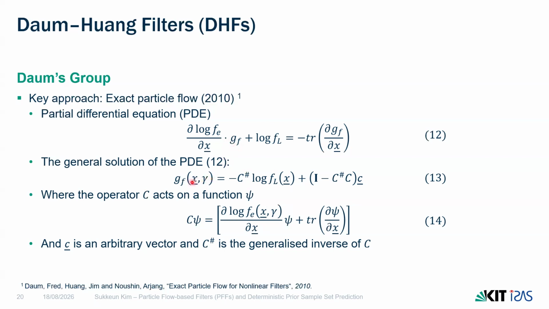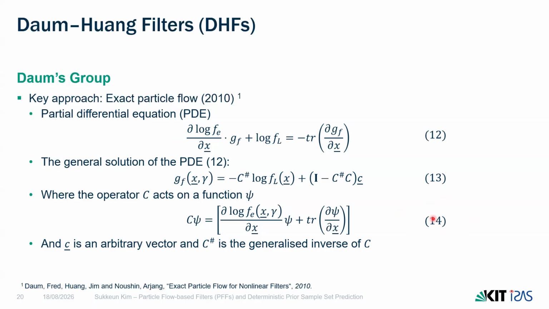The general solution of the PDE is given in equation 13, and we can calculate it with 14, but it's actually not really solvable in real life. I mean, the general solution is there, but you can't really implement it in this way.